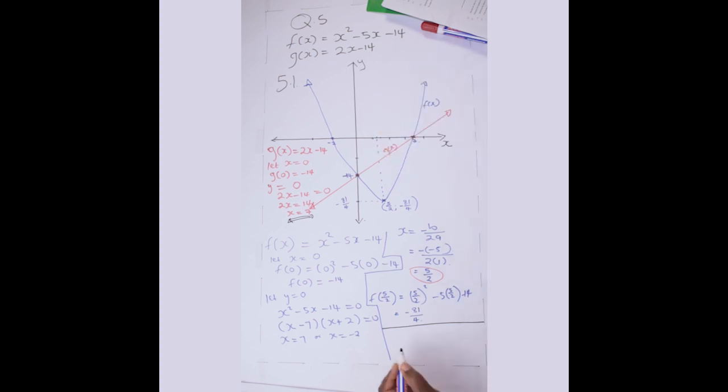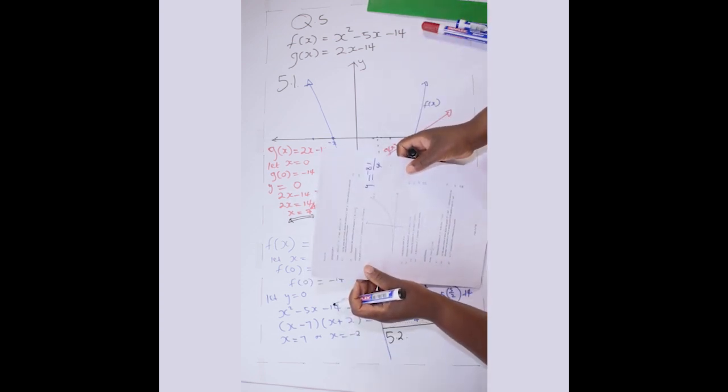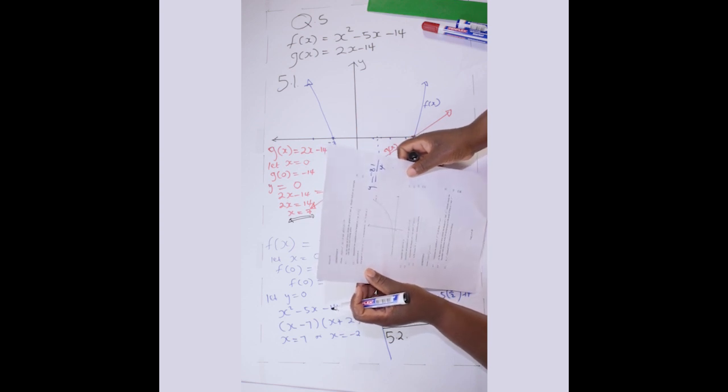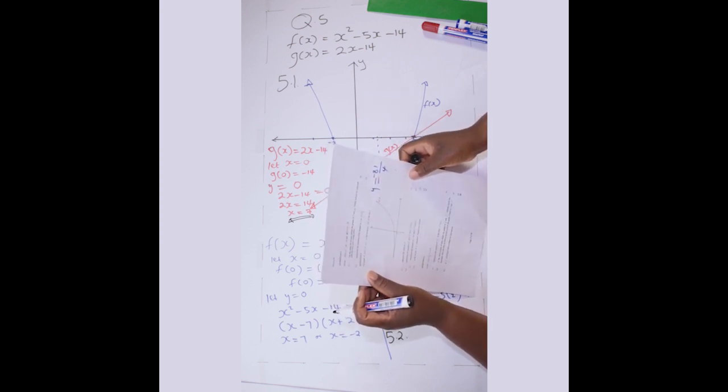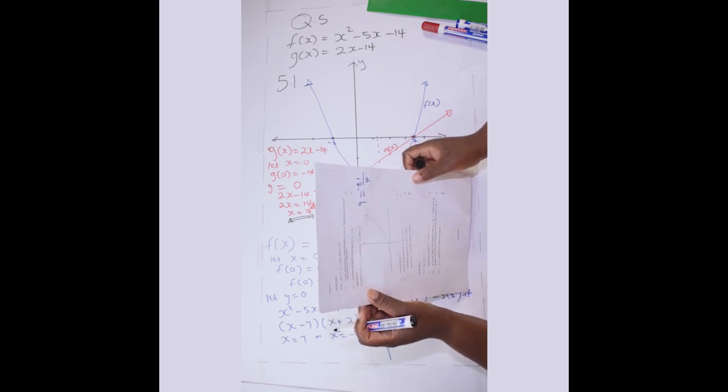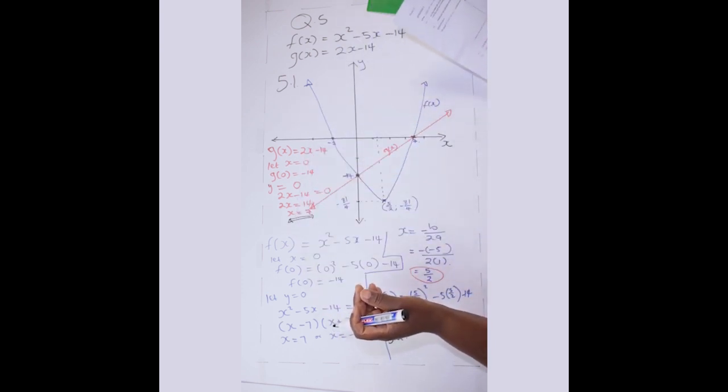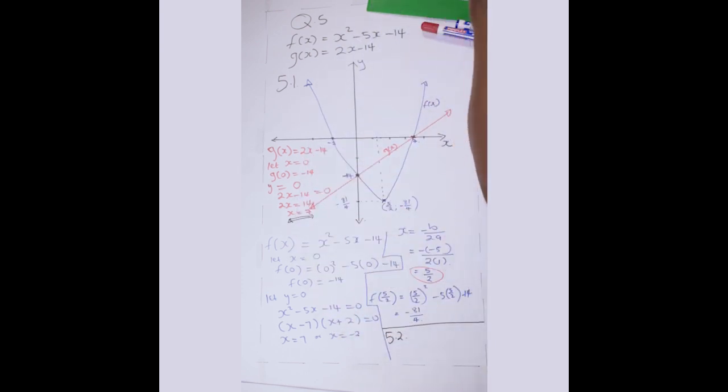Now the last question, which is 5.2, we are going to write by the side. Look at what they are doing. To get 2 marks, they are saying determine the equation of the tangent to f at x equals 2 whole number 1 over 4. If you punch that on a calculator, you will see that it is the same as 5 over 2.